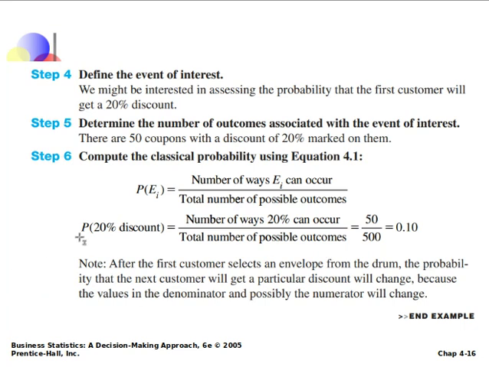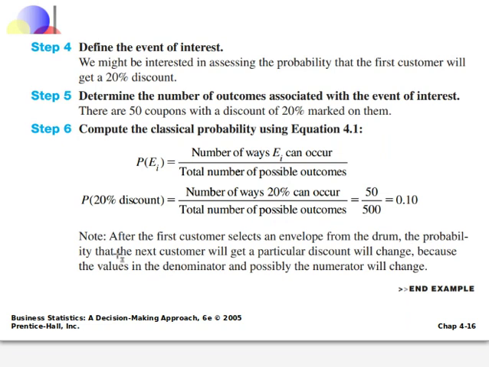Here we're interested in the probability of getting a 20% discount, which in the whole sample space there are 50 out of the 500 coupons. There are 50 marked 20%. So 50 divided by 500 is 10% or 0.1.